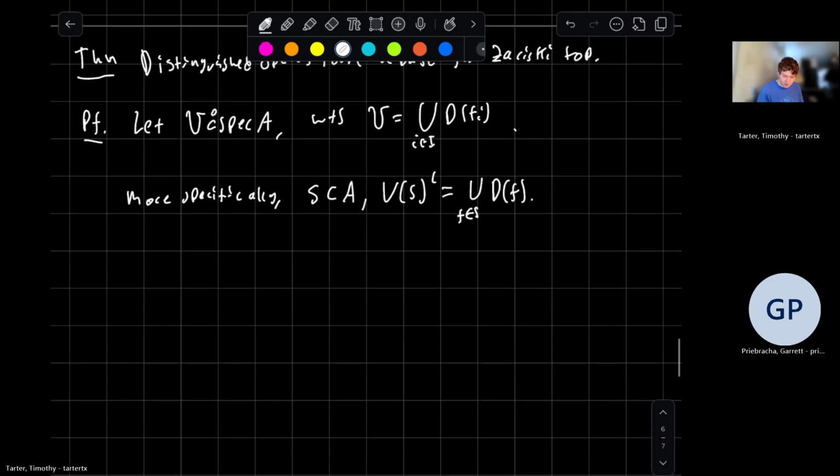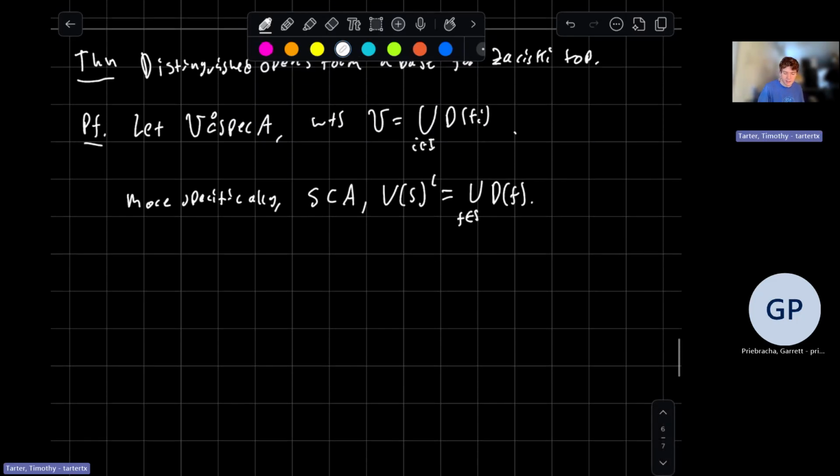And this is just kind of true, like that's just kind of obvious. But then V(S) complement is open in Spec A by construction, right? So literally, that's just it.